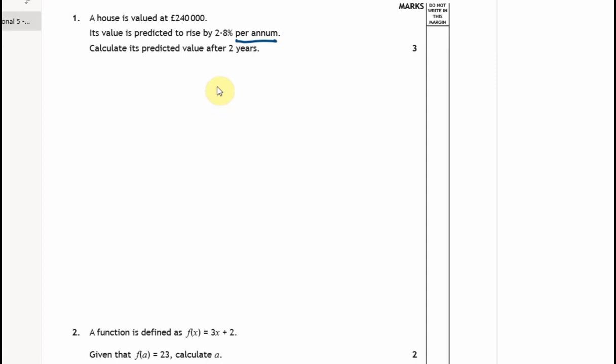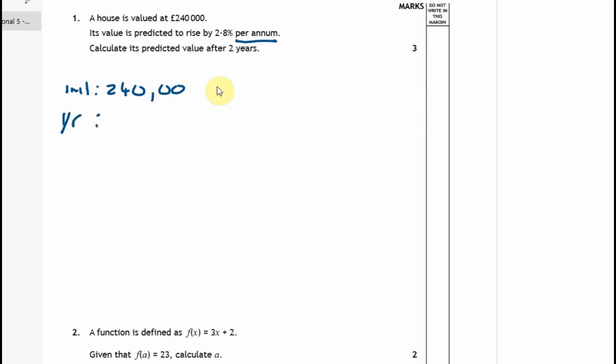Well, to begin with, let's just call it initial. So the initial value is 240,000. In year one, what is it going to be equal to?